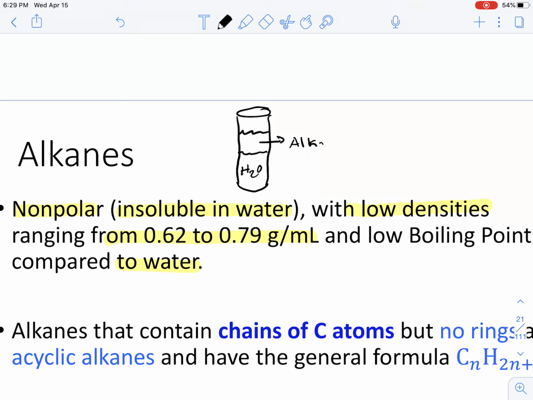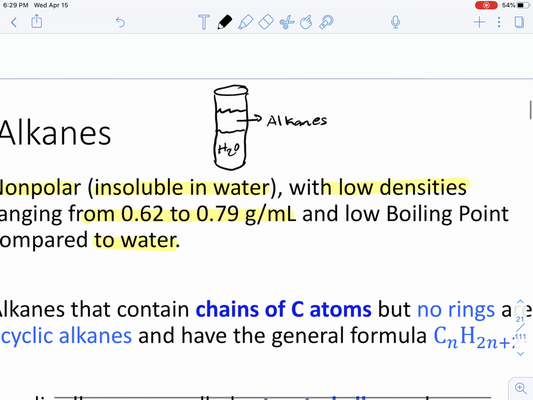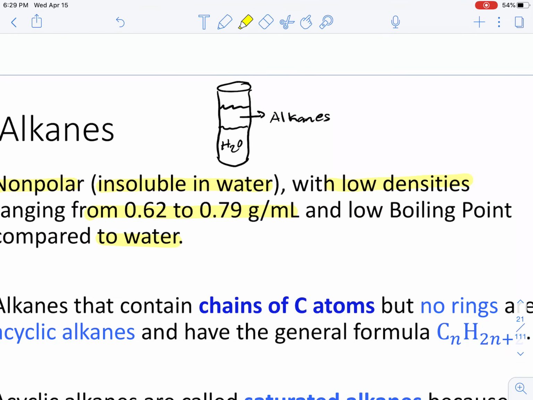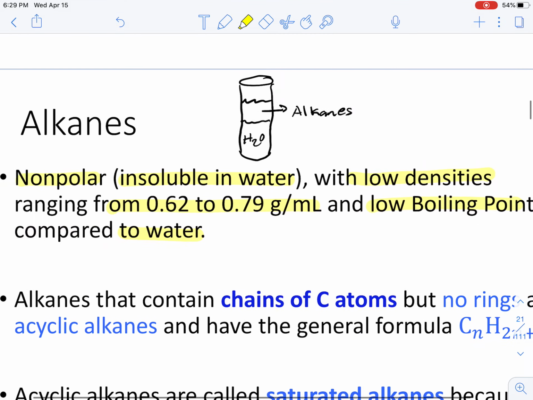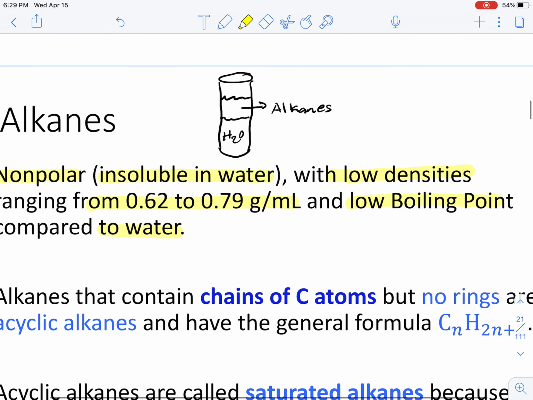And so if you are a budding organic chemist, you can probably use these physical properties to separate out substances. They also have a low boiling point.